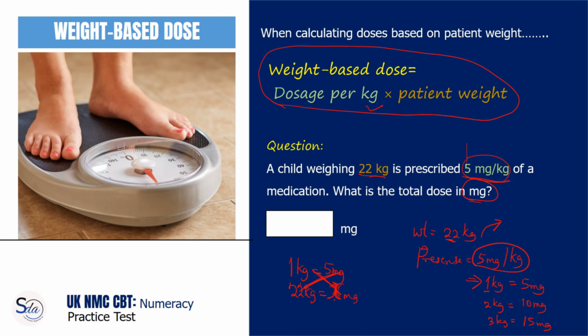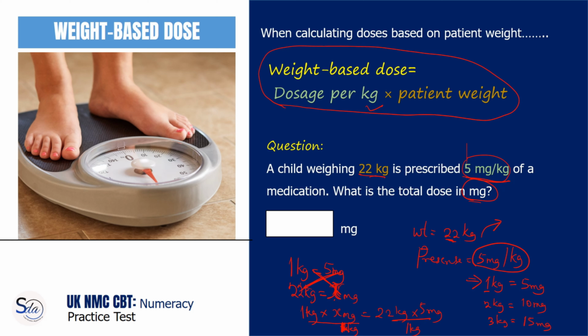So what this means is that we're going to look at 1 kilogram times X milligram is equal to 22 kilograms times 5 milligram. And remember, we want X milligram. You want to know the milligram of that dose. So we're going to divide both sides by 1 kg.